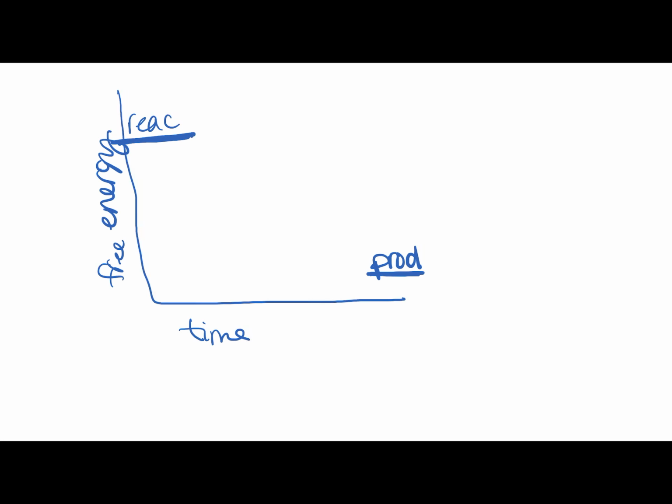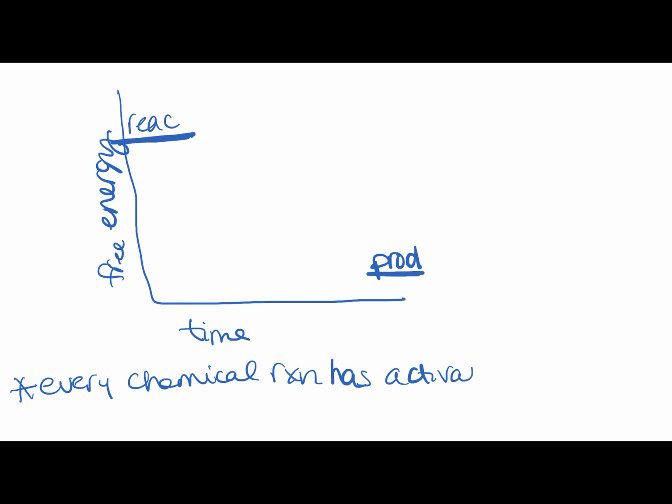Well, reactions don't just go in a straight line, so we're not just going to get this diagonal line from reactants to products, because every chemical reaction has activation energy. And you can think of activation energy as a barrier that you've got to get over before the rest of the reaction can take place.